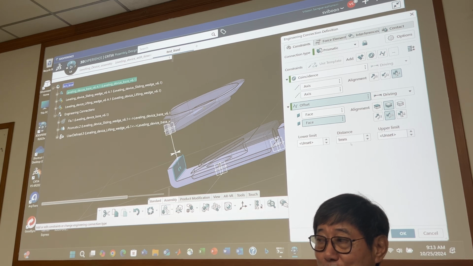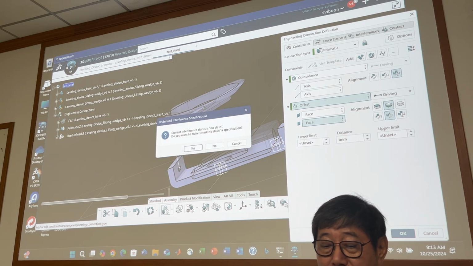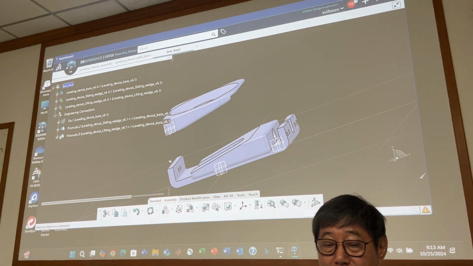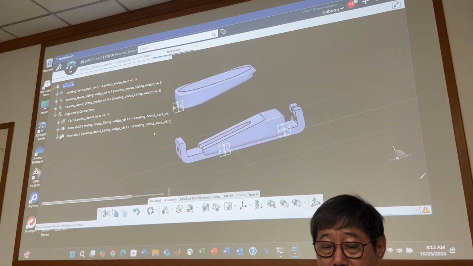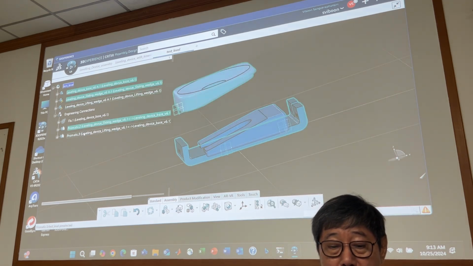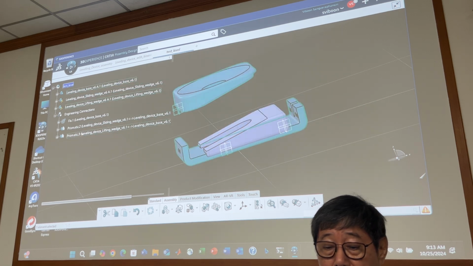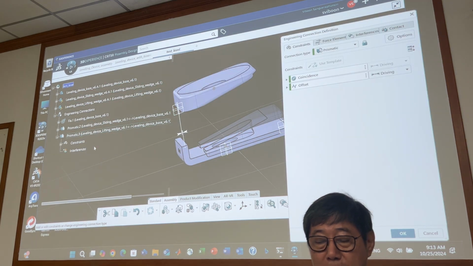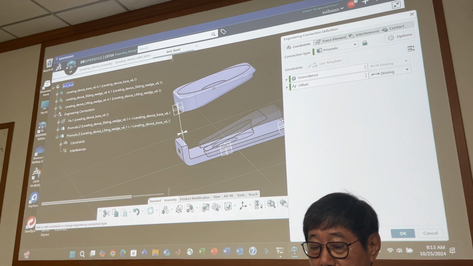Okay, offset to one. You see, because it crashed by one actually. Okay, we have this one, right? Yes. Okay, let's collect anyway.